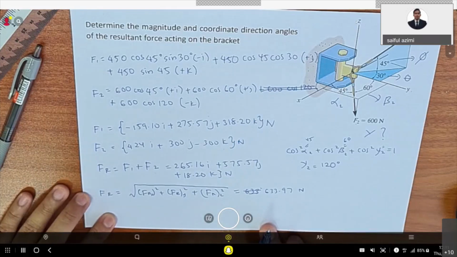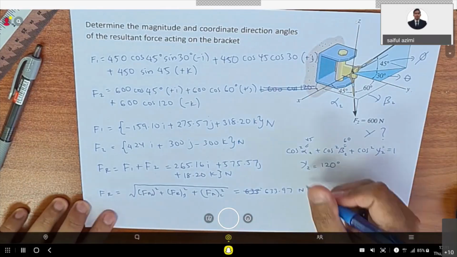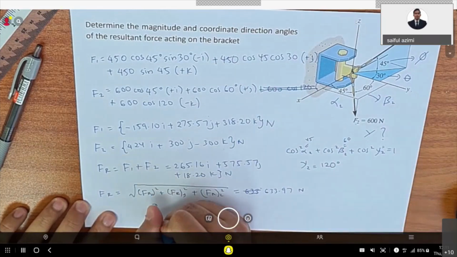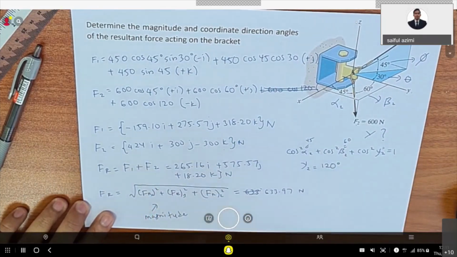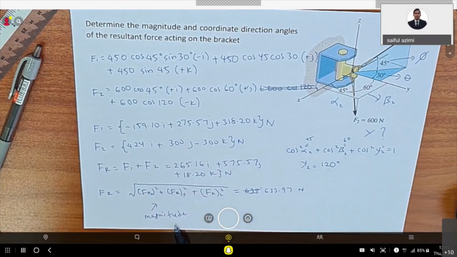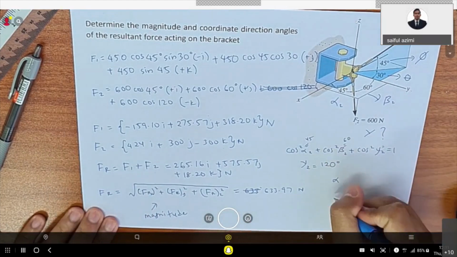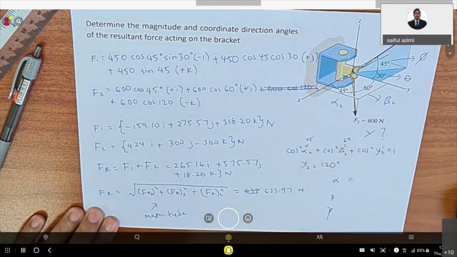All right. So this is the magnitude. For the direction, you can simply use the formula of alpha, beta, and gamma.